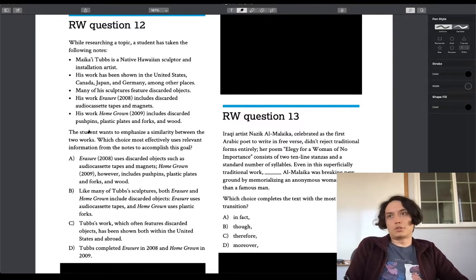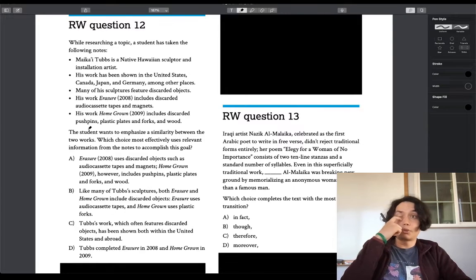All right, the student wants to emphasize a similarity between the two works. Which choice effectively uses relevant information from the notes to accomplish this goal? Okay, this is new. The student wants to emphasize a similarity. We're looking for a similarity.